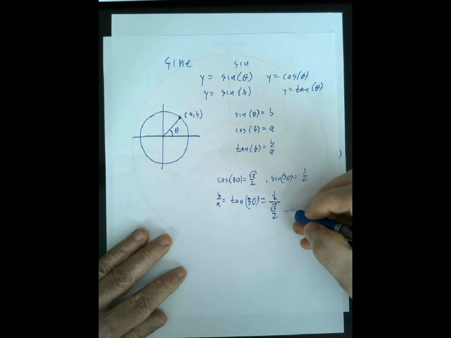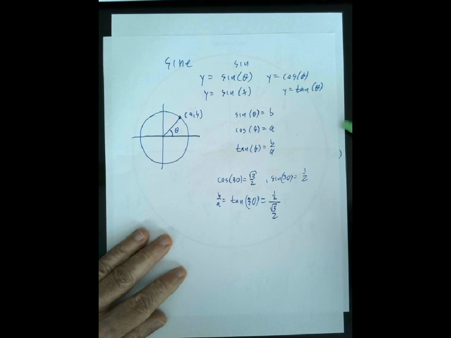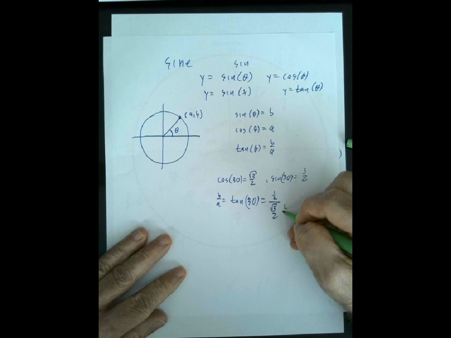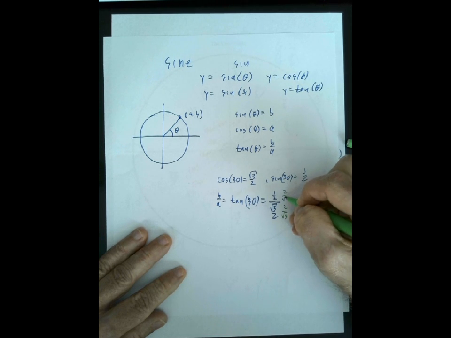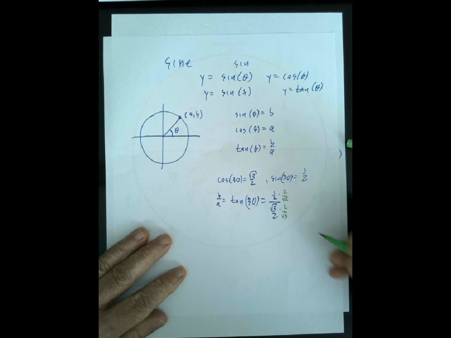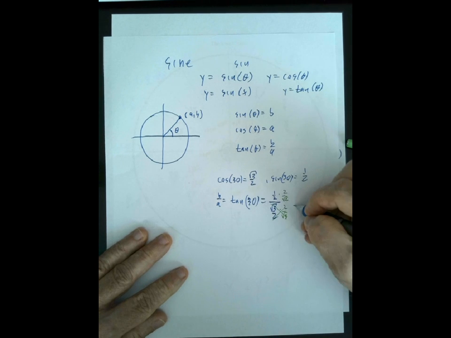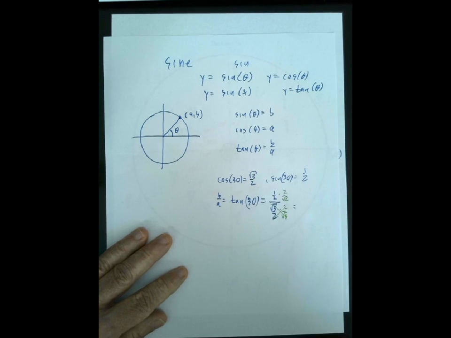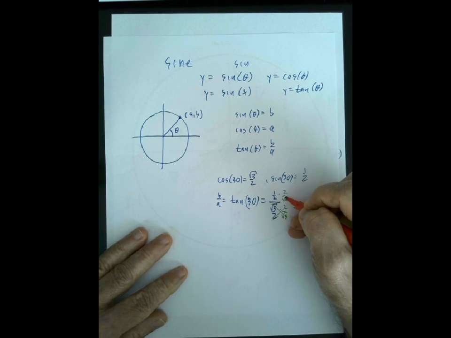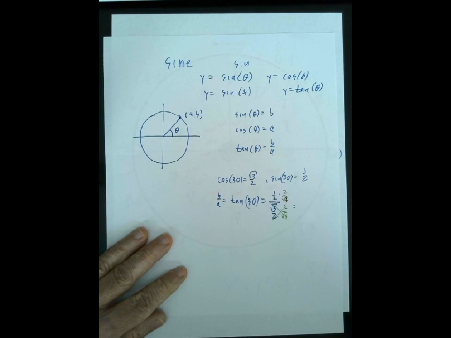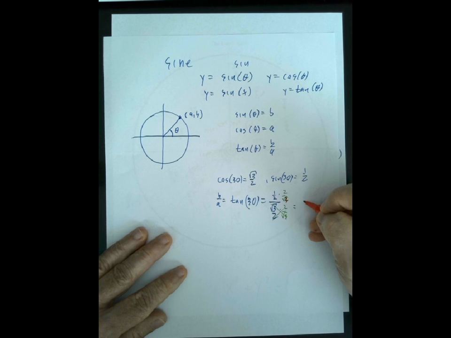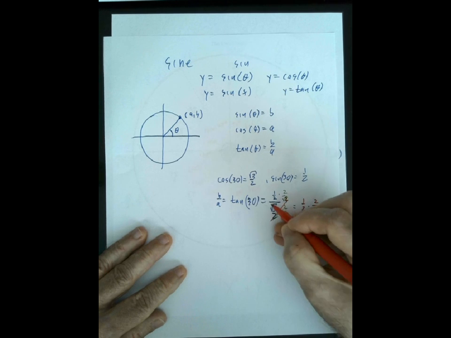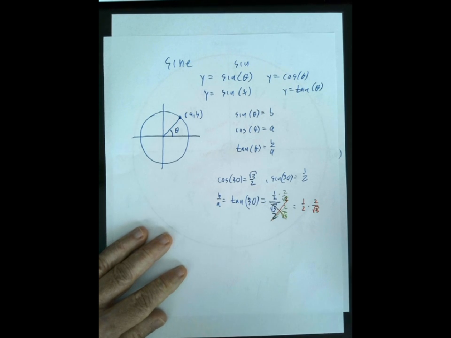Now, one way to see this is I'm just going to multiply by the reciprocal. Like that. Cancels out the denominator. And that's going to give us 1/2 times 2 over rad 3, because the denominator canceled out when we multiplied by the reciprocal.